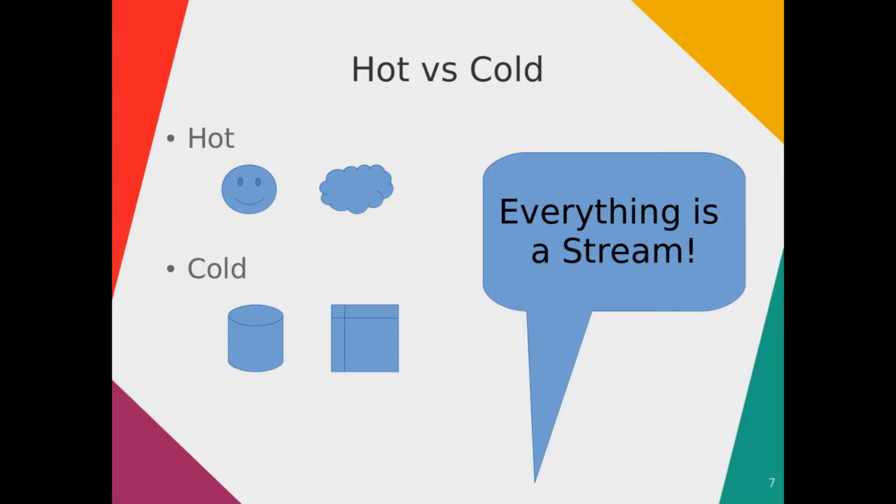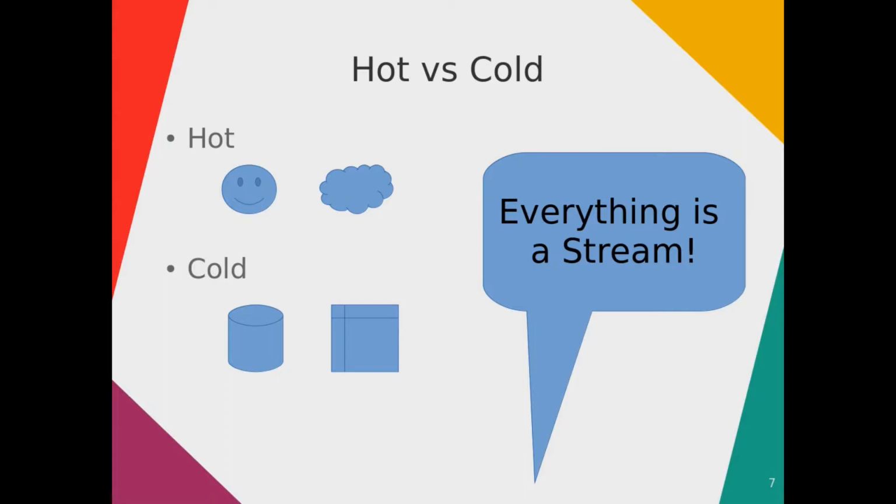The difference between hot and cold: hot means something that is always going on, such as user input or weather data, something that's a reading or input to the system, as opposed to cold data, which is something that's recorded, something you're getting from a database, or is hard-coded into the system.